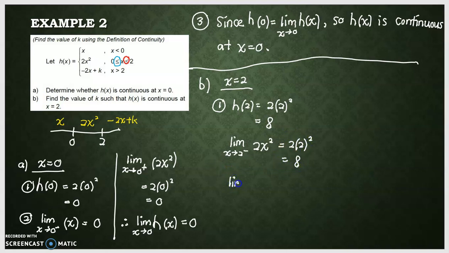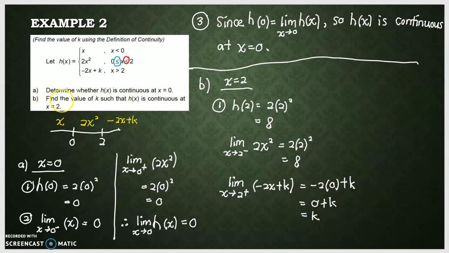Then the limit as x approaches 2 from the right hand side. The right hand function is negative 2x plus k. So substitute 2, negative 2 times 2 plus k.